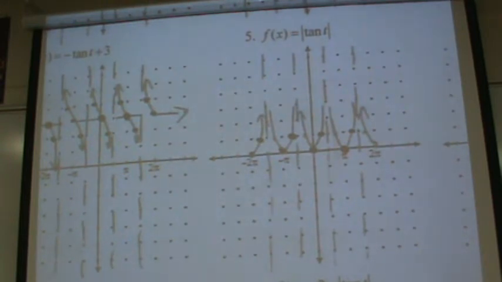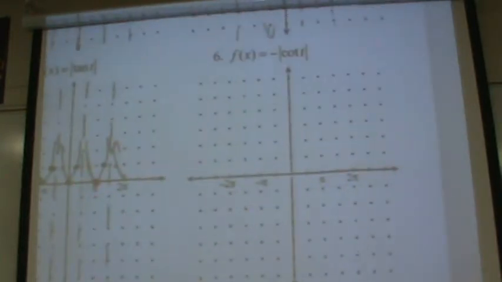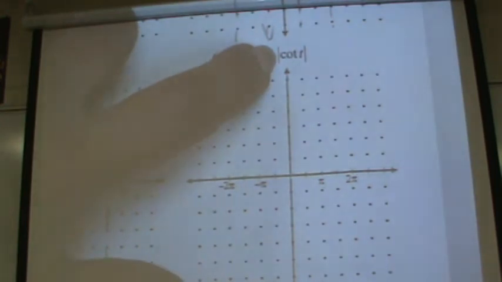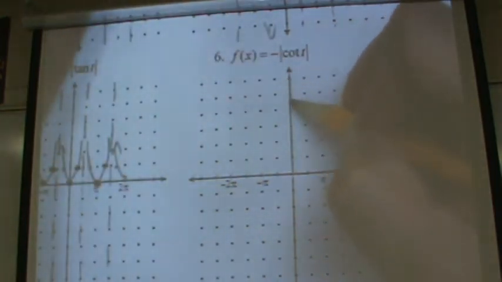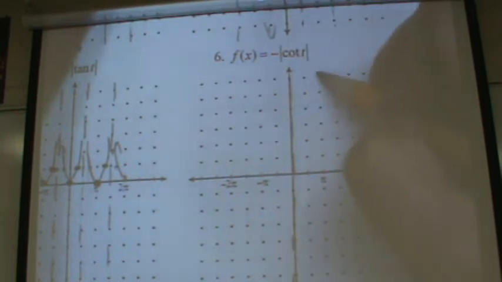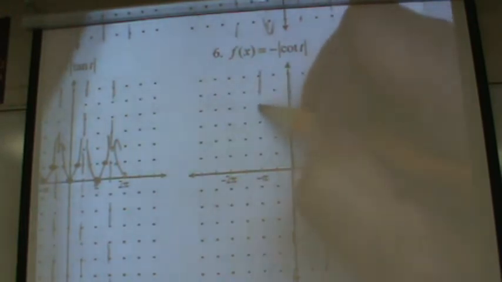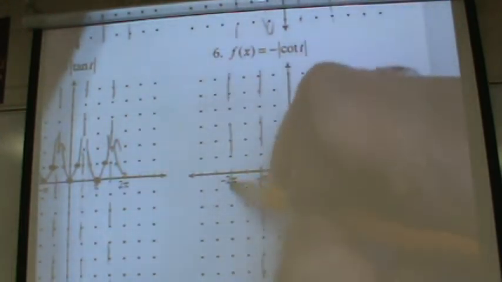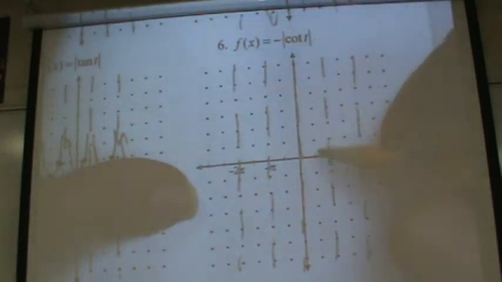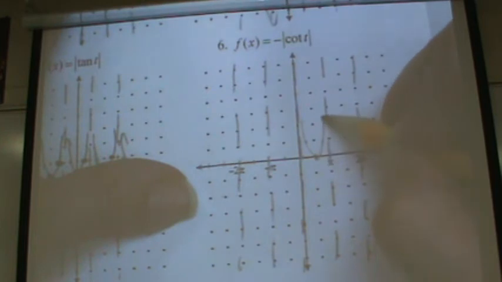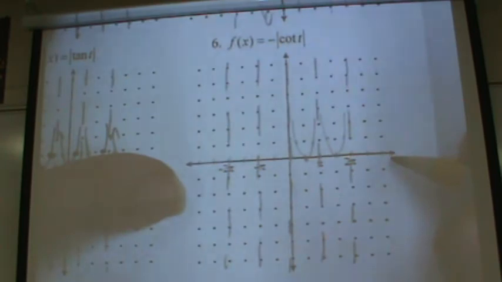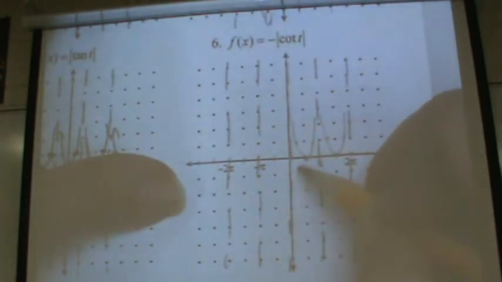You ready for 6? Number 6. Now, pretend like you don't see the negative there. If it were a cotangent, your asymptotes are at 0, pi, 2 pi, negative pi. And now, if it were a positive cotangent, if the negative weren't there, it would look like that. But the negative is going to make it flip.